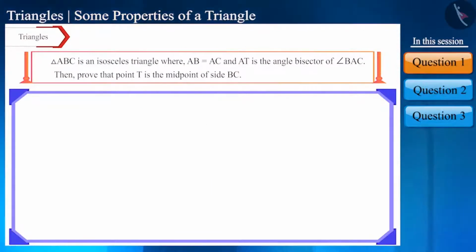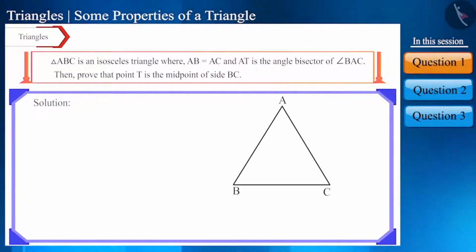Friends, it's given that triangle ABC is an isosceles triangle in which side AB is equal to side AC, and side AT is the angle bisector of angle BAC. And we have to prove that point T is the midpoint of side BC. Or let's say that side BT is equal to side CT.